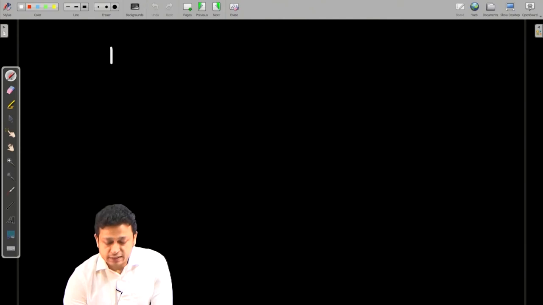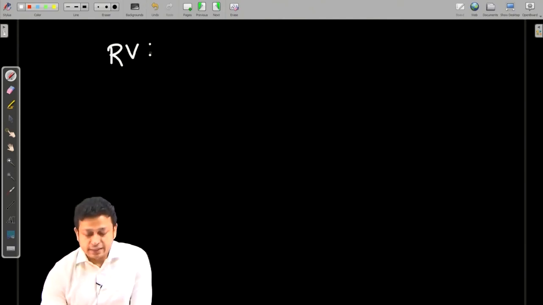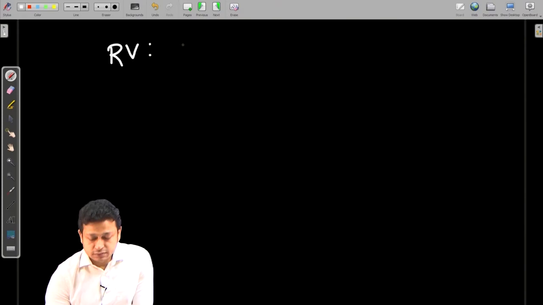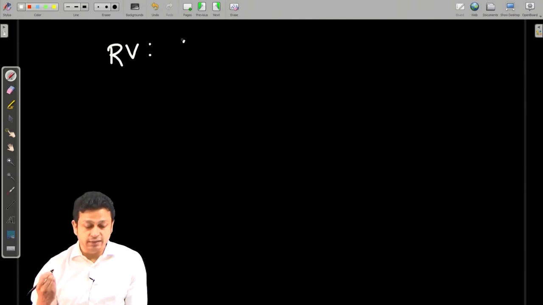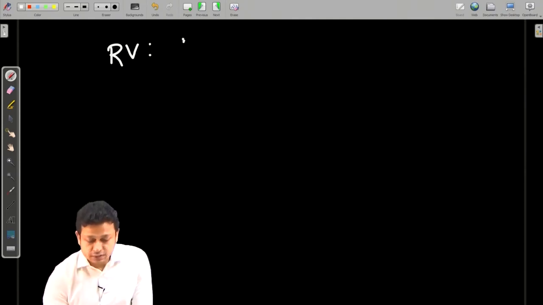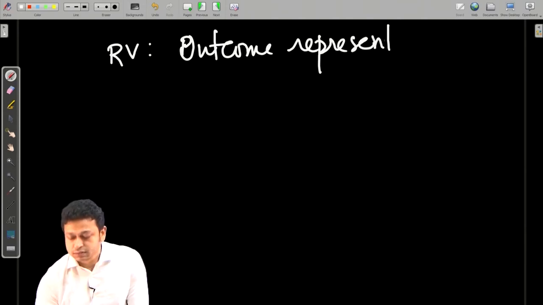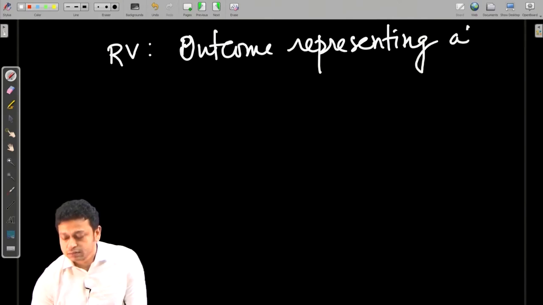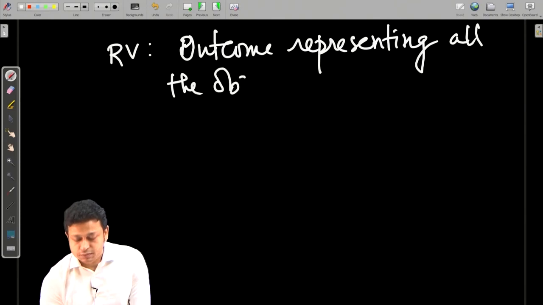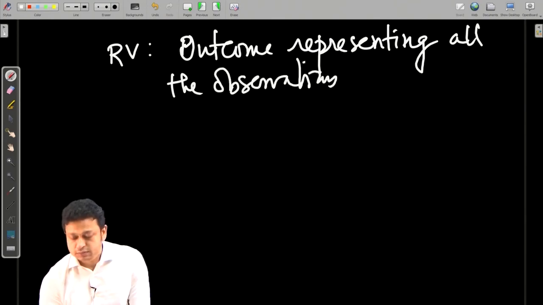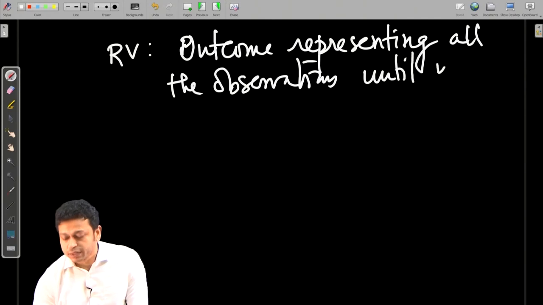And my random variable here, the second example, is that you are repeating the event until you get a head.